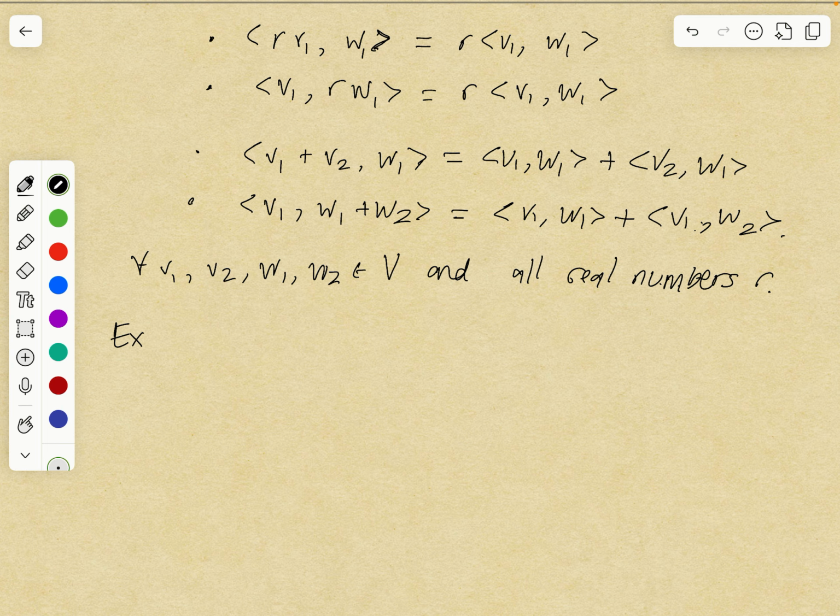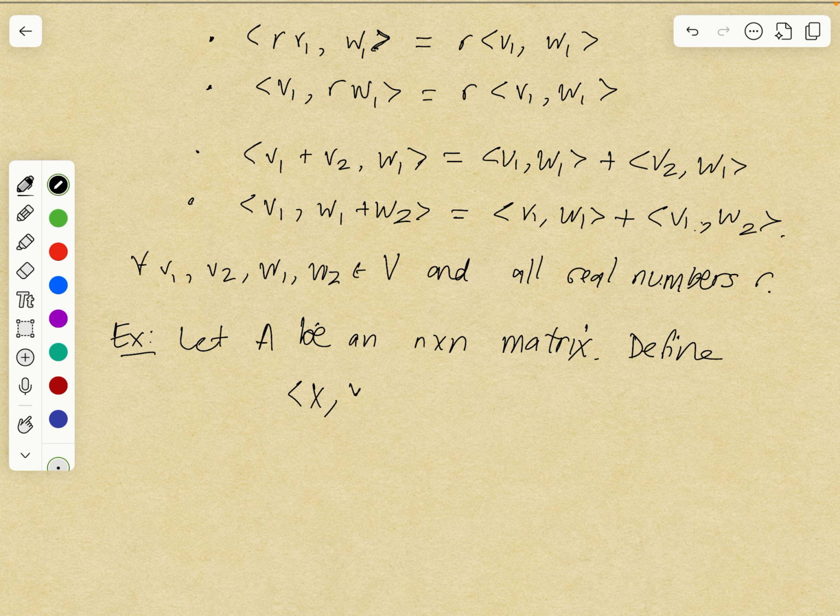One example: there are lots of bilinear forms, and it's easy to construct them. Suppose that A is an n by n matrix. Then we define this mapping to be x transpose A y.